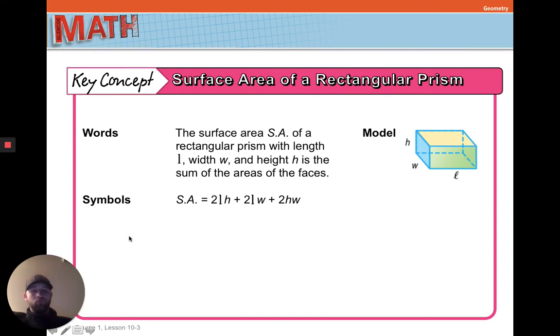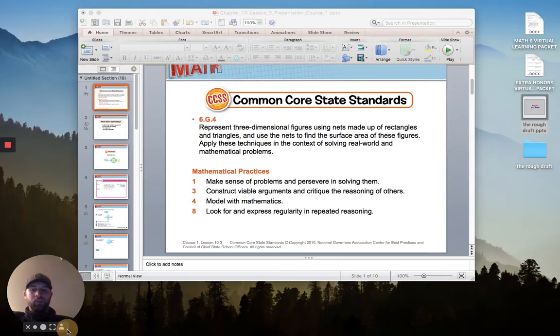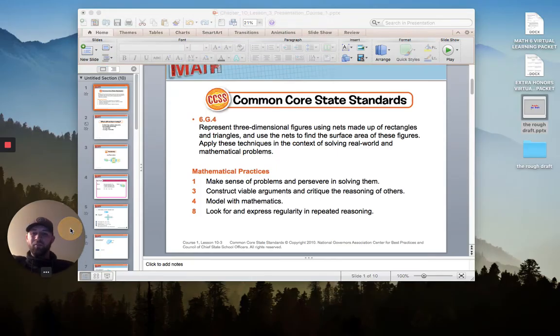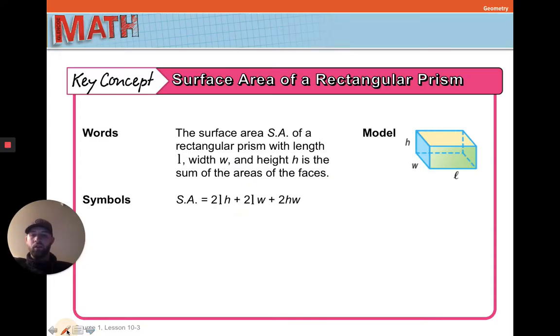You can also use, and this is what I think a lot of you are going to be using, I would probably imagine, the formula. Okay. All you have to do is plug in your length, your width, and your height. So the surface area of a 3D rectangular prism is 2 times the length times the height.